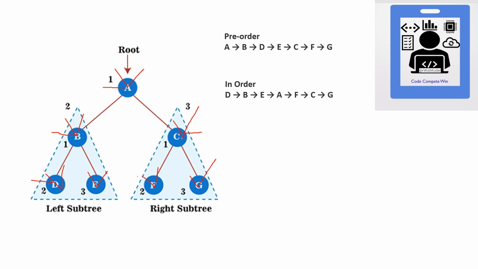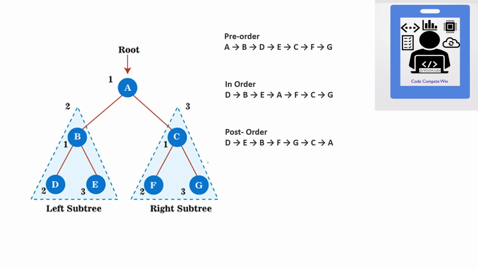So again we go back to A, and for A also we visited the right subtree. So here our algorithm ends, and here is the in-order traversal of this binary tree.